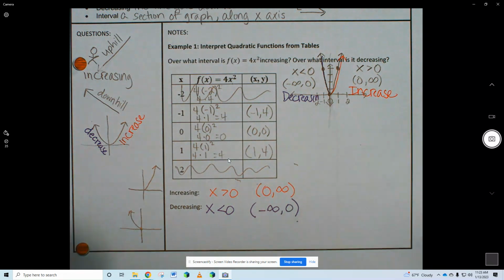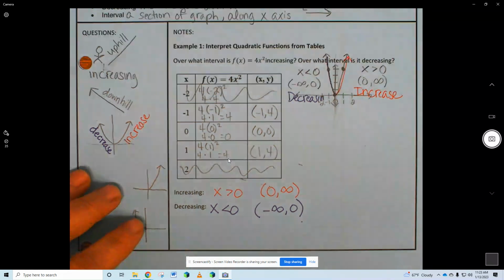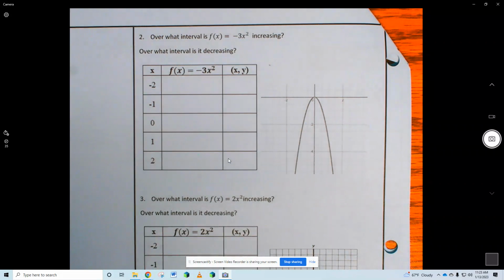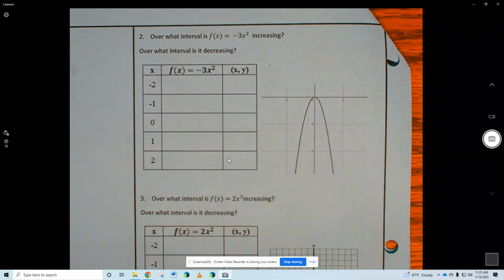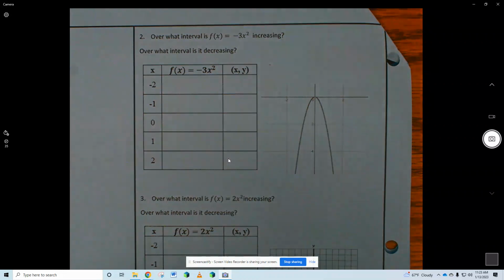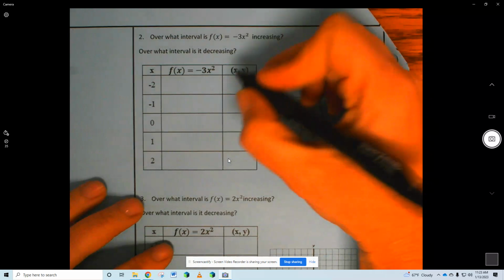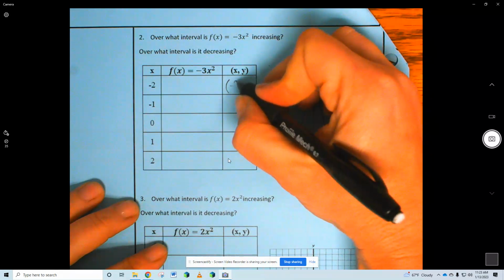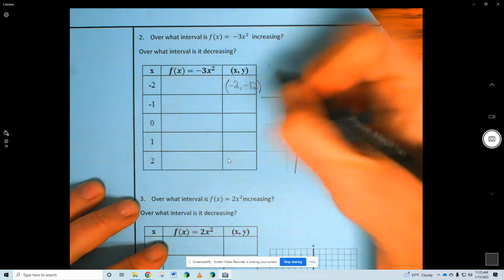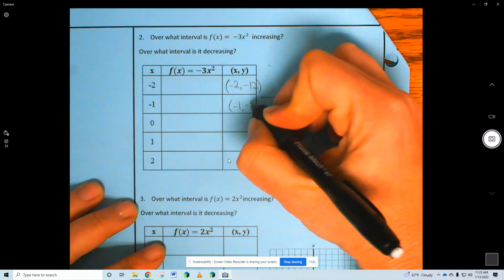All right, I'm going to turn the page because now I'm going to have a downward parabola. Keep your head up. I'm just going to write down these ordered pairs for you to make it easier. -2, comma, -12. -1, comma, -3.